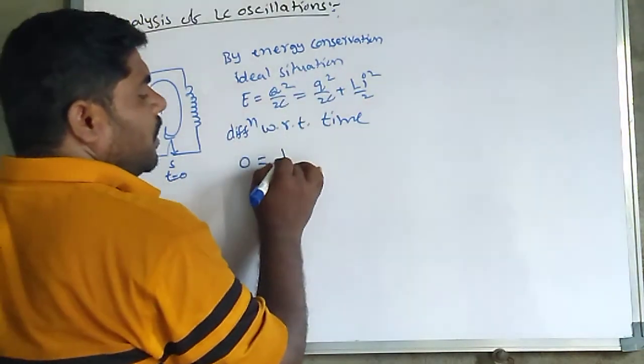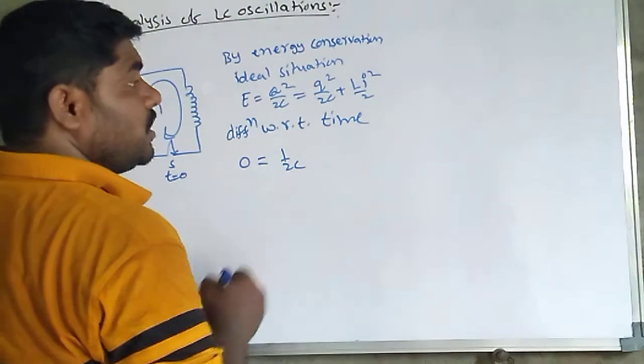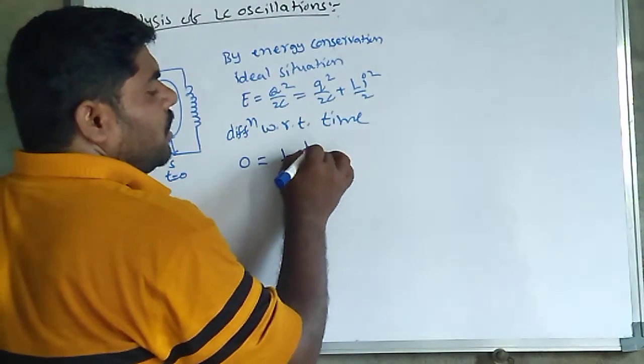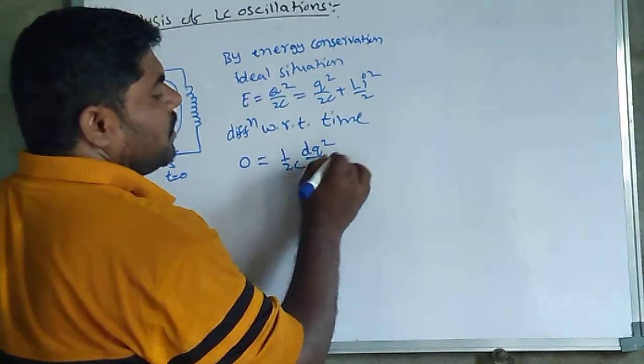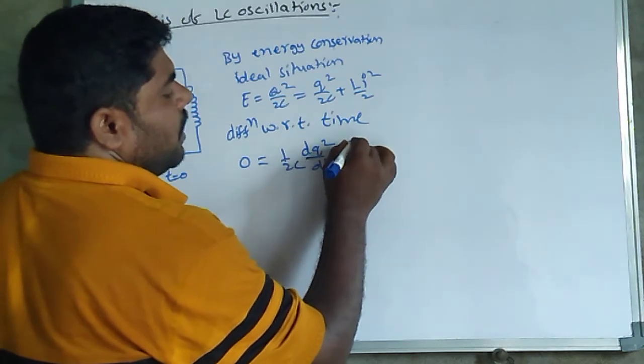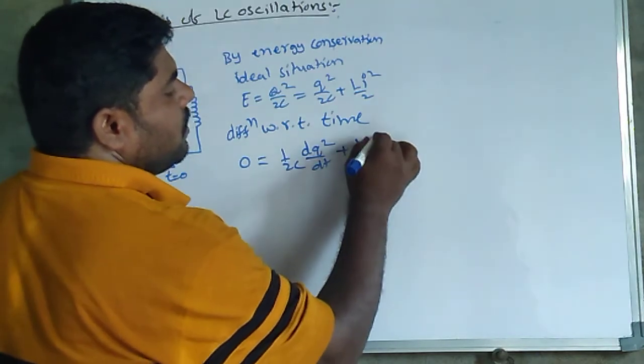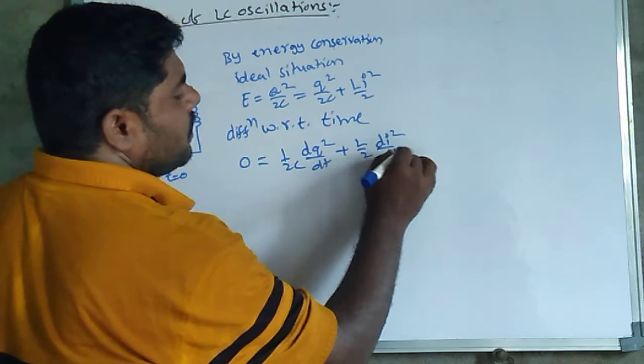The 1 by 2C can be written outside the differentiation: dq squared by dt plus L by 2 outside, di squared by dt.